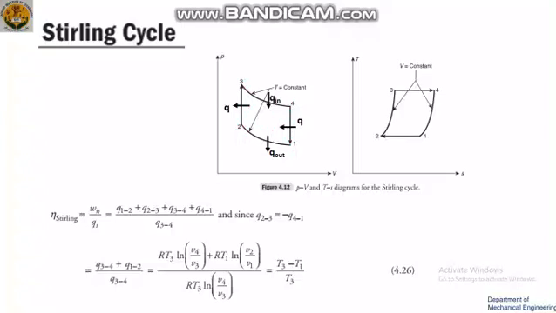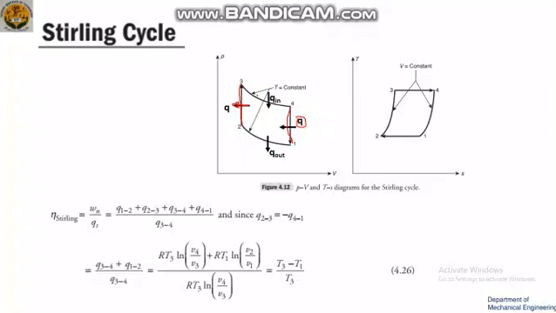As you can see here, this is the compression process, this is the expansion process carried out at constant volume. If we are going to keep the volume constant, then we need to reject some amount of heat generated during the compression process, and also in the expansion process we need to supply some amount of heat to keep the volume constant.